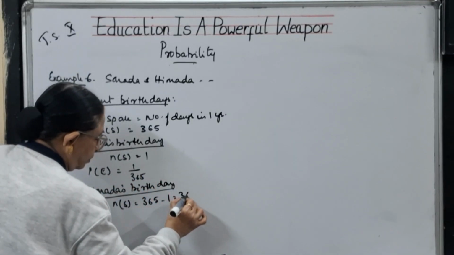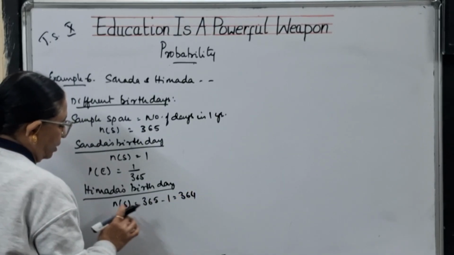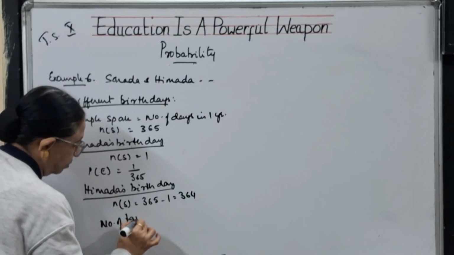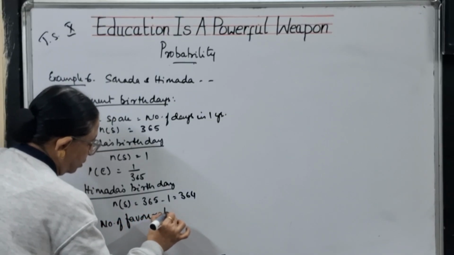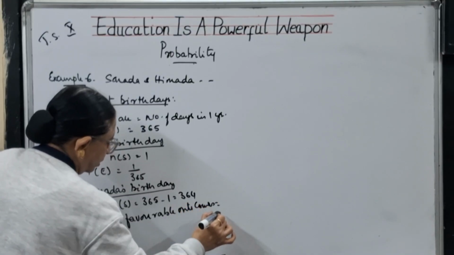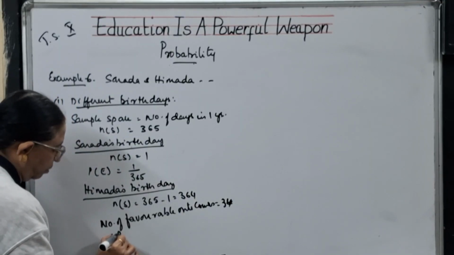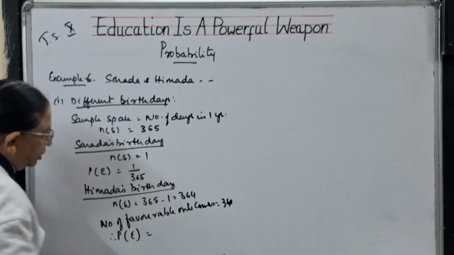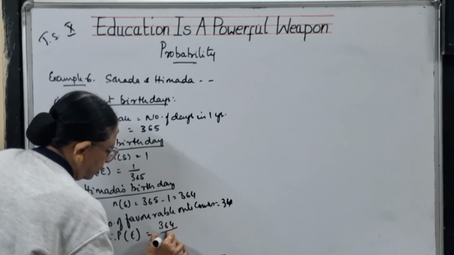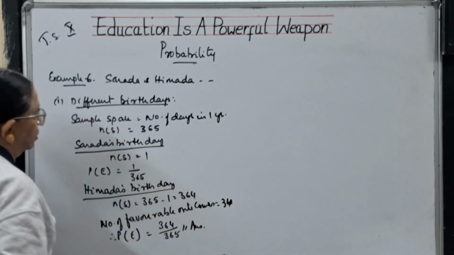That means 364 days. 364 is her N of S. That means number of favorable outcomes is equal to 364. So, what is P of E here? That is probability of getting Himada's birthday, 364 out of 365. This is the answer for that problem.